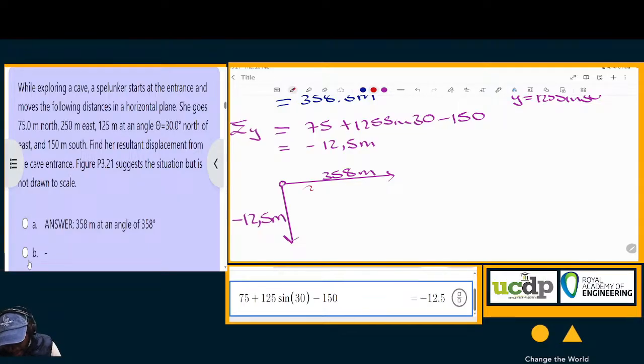So which means that our resultant will be in between the two.